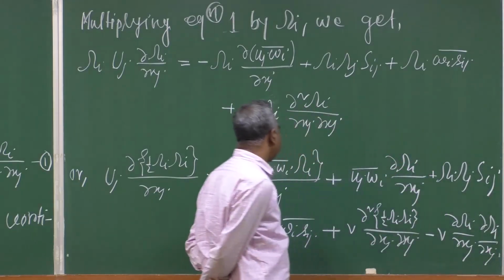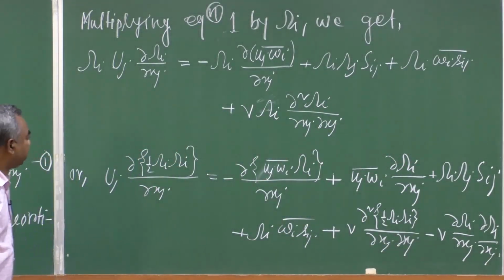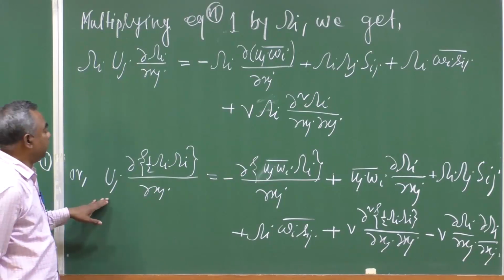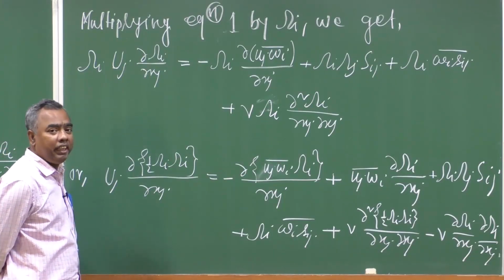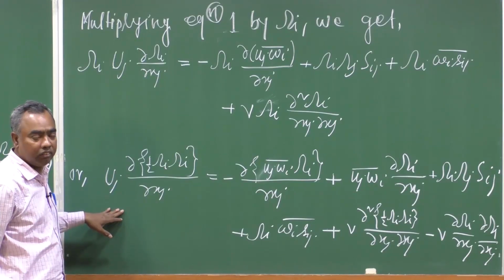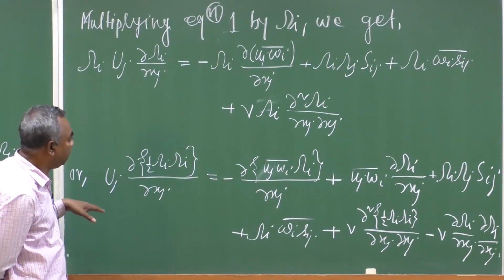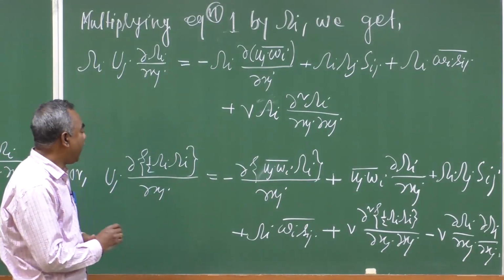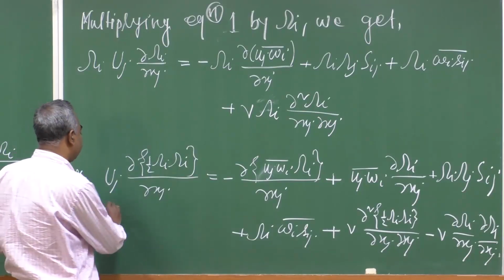This is the way we can get this equation. So, this is the mean enstrophy equation, or mean square vorticity equation. This is what is known as the enstrophy equation, and in this equation we see the change of enstrophy.